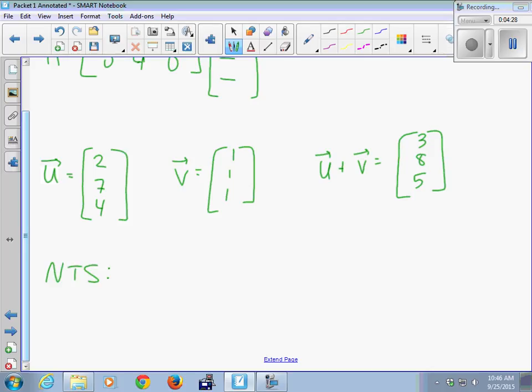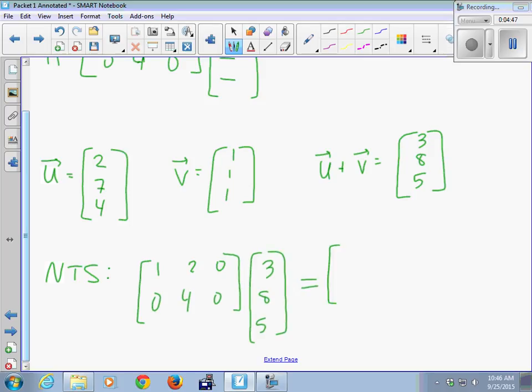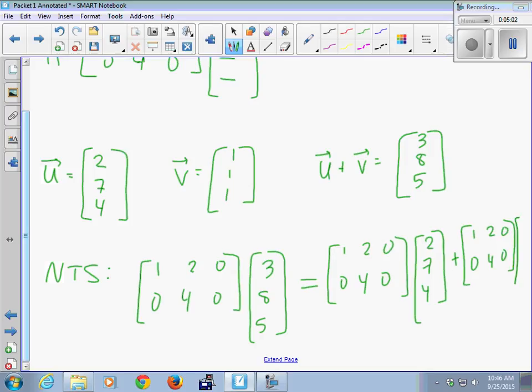So I need to show that A, which is 1, 0, 2, 4, 0, 0, times the sum 3, 8, 5, is the same as A times the first one, 2, 7, 4, plus A times 1, 1, 1.